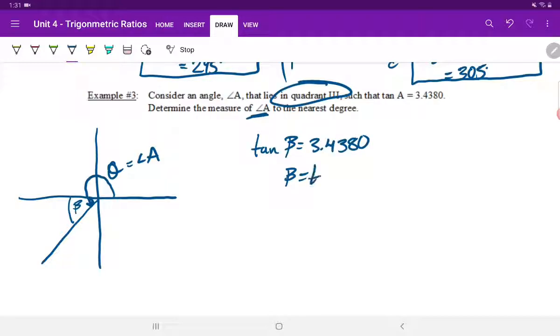Beta is equal to the tan inverse of that number. Beta is equal to, rounded to the nearest degree, 74 degrees.